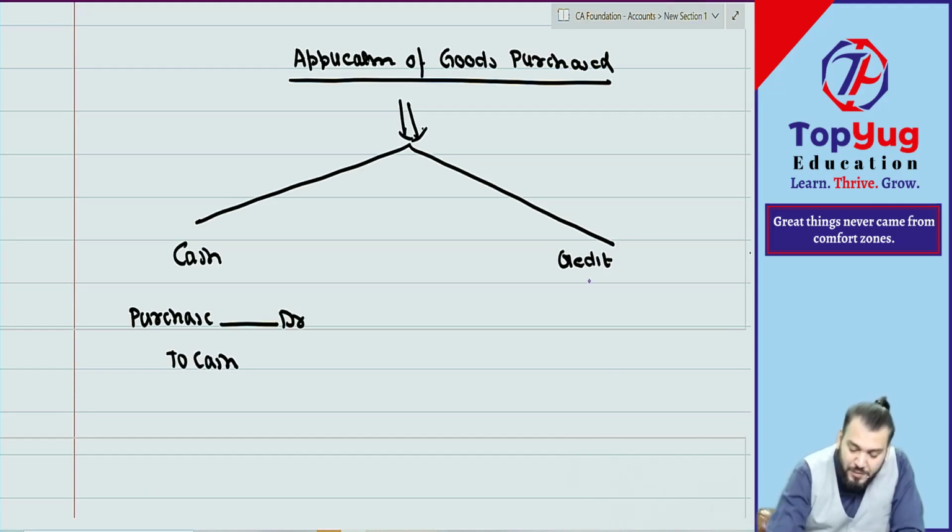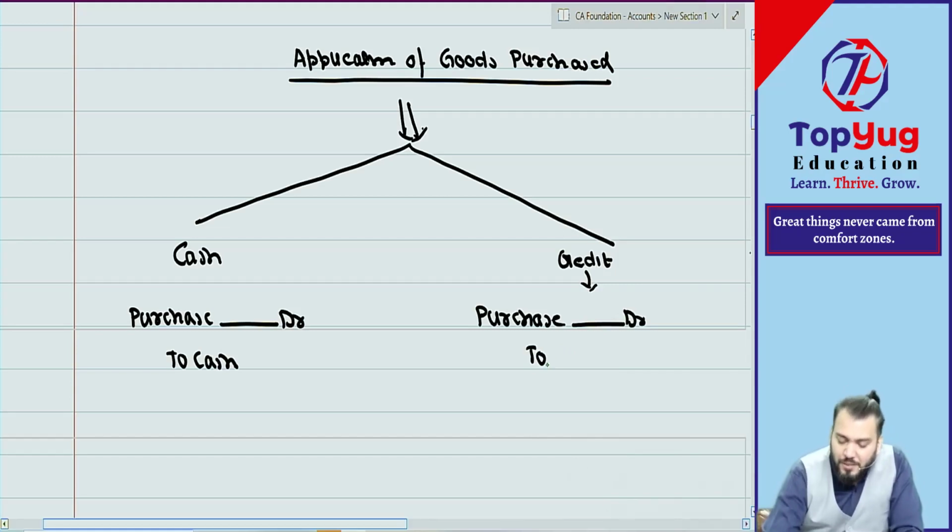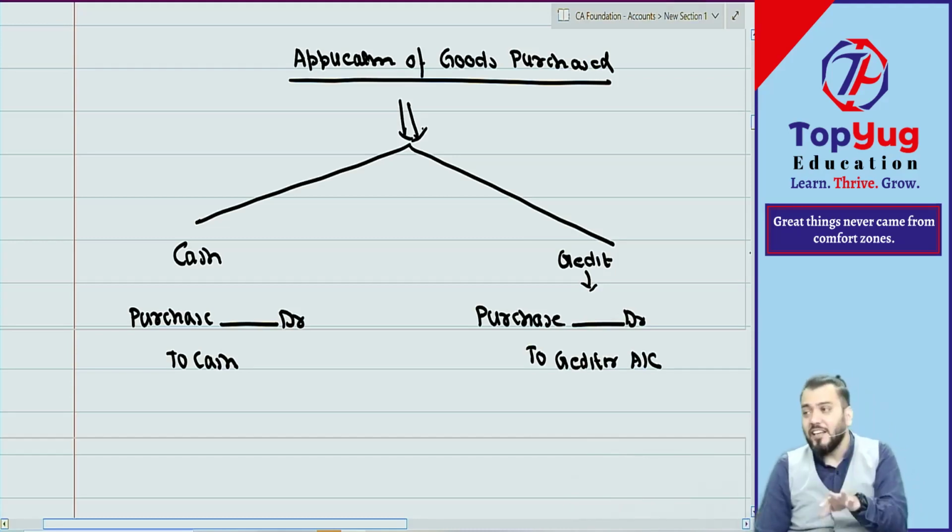And if you have done purchasing credit, then what journal entry? Purchase account debit to creditor account or trade payable account, if the name of the party is not given. I have already informed you about this. Creditor account, trade payable account, or account payable account. Remember?